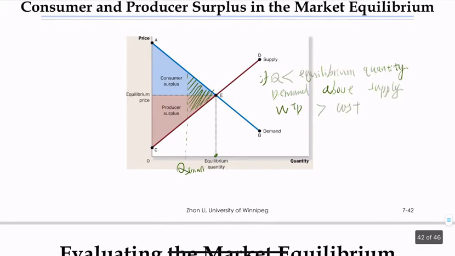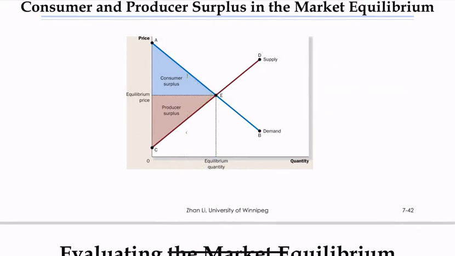Let me continue to use this picture to make the arguments. So you can see that the allocation here is efficient according to the so-called two insights, because the market is efficiently allocating products to consumers who value them most and producers who can produce them at the lowest possible cost. And you can actually see this just from this very simple picture.